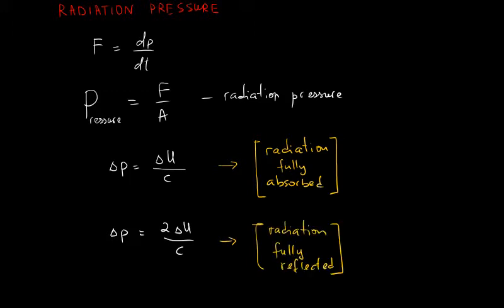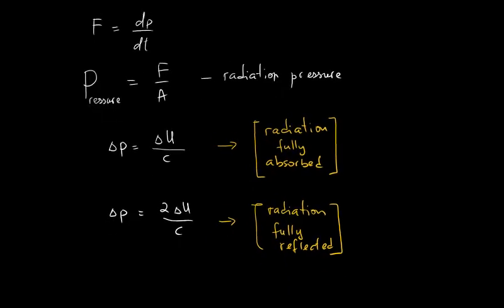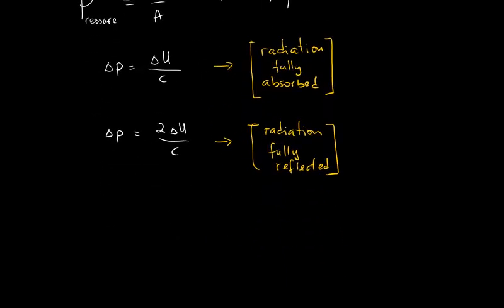You might want to ask, what if some of the radiation is absorbed and some of it is reflected? In this case, we can write the transfer of momentum equals some radiation factor A times delta U over C, where this factor A varies between 1 and 2.